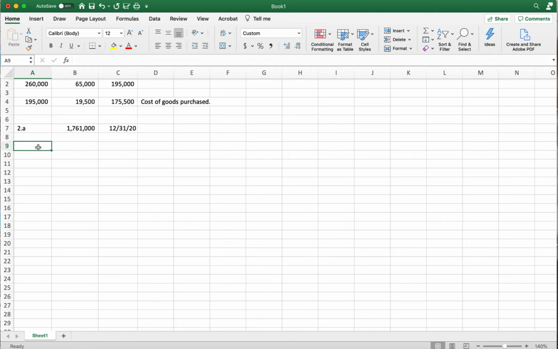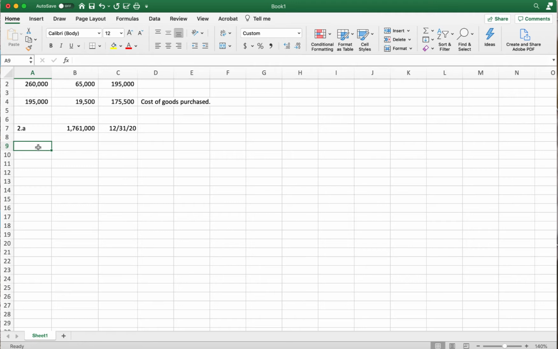We are Pine Company in this example. So since it's FOB shipping point, when do we take ownership? Since it's FOB shipping point, we take ownership as soon as the transporter accepts those goods.